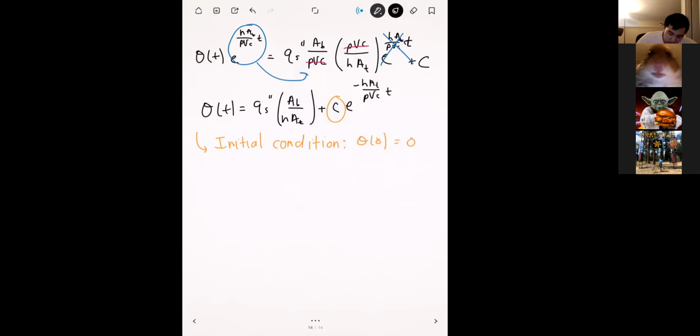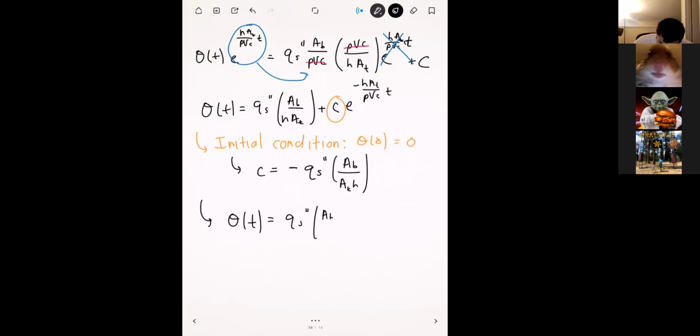If we plug that in, C is equal to minus QS double prime AB over AT h. So in the end, theta of t is equal to QS double prime AB over hAT, times 1 minus e to the minus hAT divided by rho VC t.